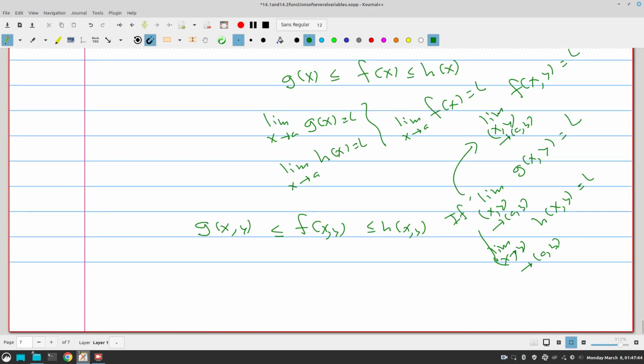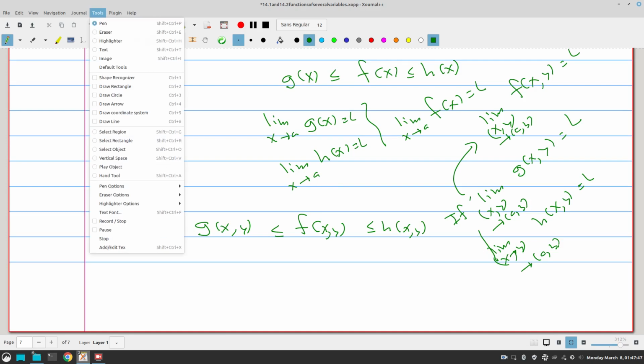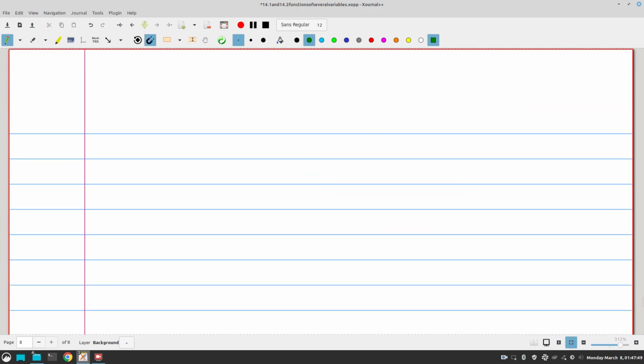So let's look at an example from Stewart's calculus, which involves the use of the squeeze theorem.